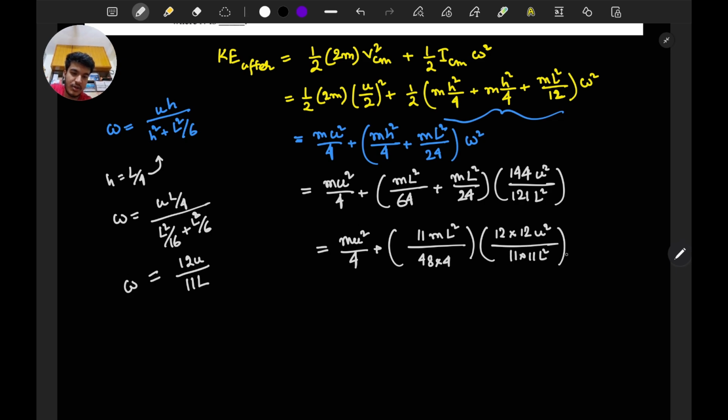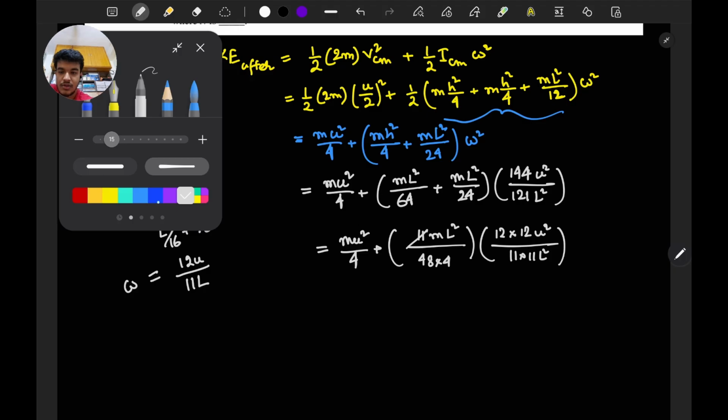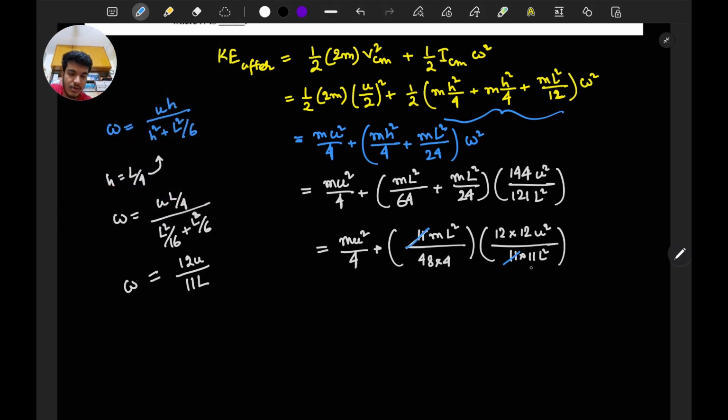So I can cut 11 from here. I can also cut 4. I can cut 3. So it would turn out to be mu square by 4 plus 3. L square also we can cut, 3 mu square by 44.